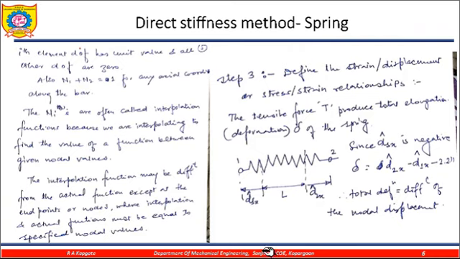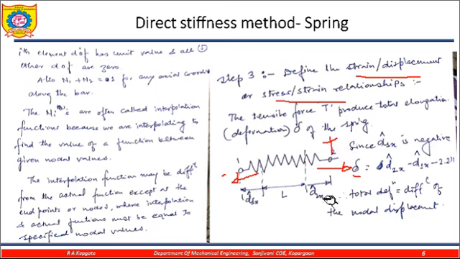Now let us move to define the stress-strain displacement relationship. Since delta is the total deformation, at node 1 the deformation is in the direction against the x-axis, so it is the negative direction, and at node 2 it is the positive direction.